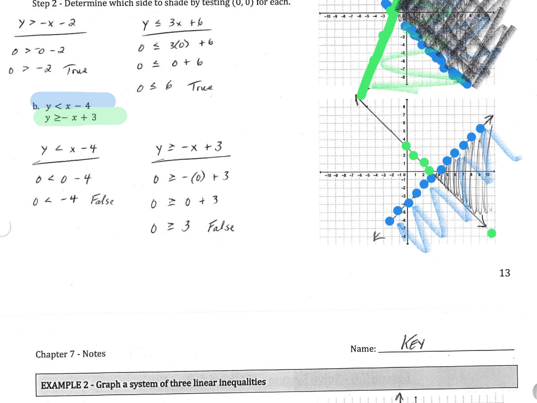But that says greater than or equal to, so we want a solid line. To shade, y is greater, so think about shading above or shading up. Okay, do you see the region where our shading overlaps? That is the answer to that system of inequalities. So we find where the shading overlaps, and we darken it for your final answer.